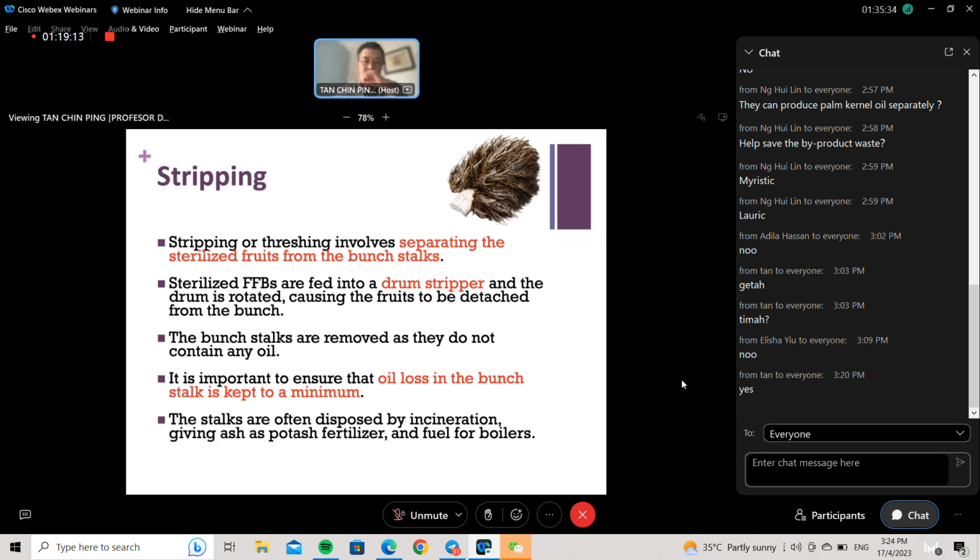Yeah. So now let us take a look at stripping. Usually a drum stripper is used, so that you push the sterilized bunch into the drum, and then the drum will rotate. The drum has some openings to collect the fruits, and then the empty bunch stays inside.